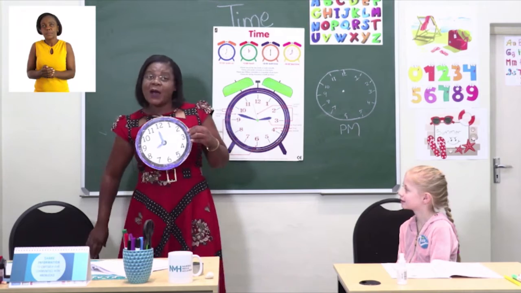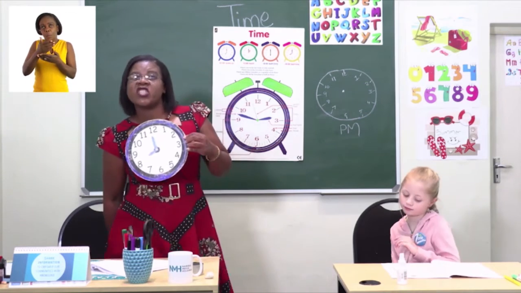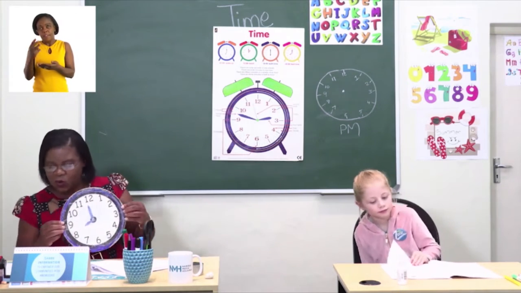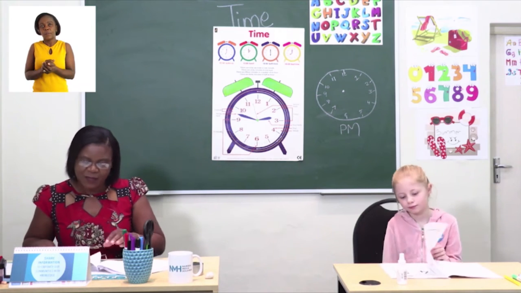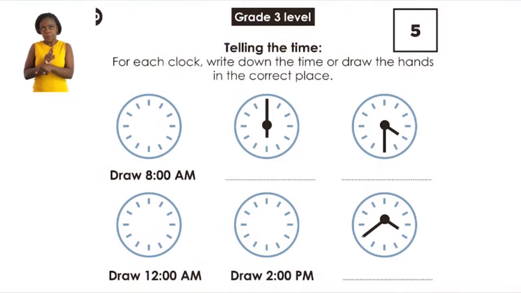All right, now let's go to our page 30 and check if we can do these clocks which are here. The first clock there, I would like you to draw for me the hands. Show me the hands, the long hand and the short hand. Where will they point? If it's 8 o'clock, but AM means it's in the morning, so you must show me where the long hand will point and where the short hand will point.